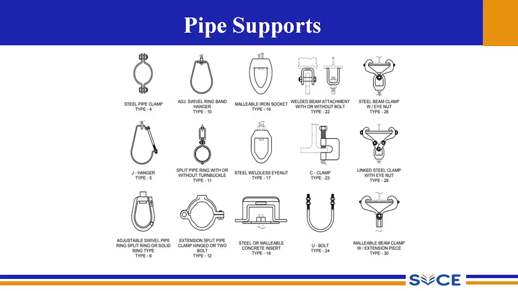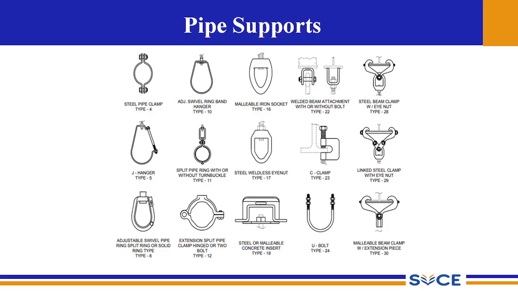It is going to provide a slot using a side of the strap, so the pipe can be suspended in the hanger type support. Next is the adjustable swivel pipe ring, split ring or a solid ring type support. This type is also used for the suspension of the pipelines in the horizontal stationary line.